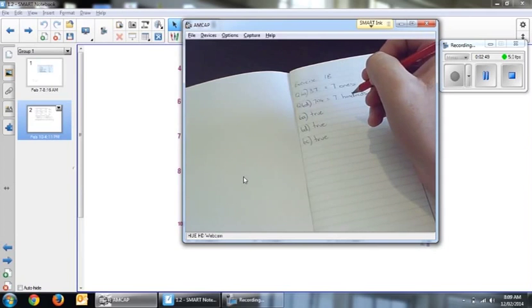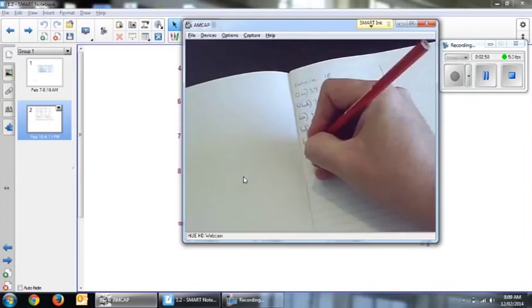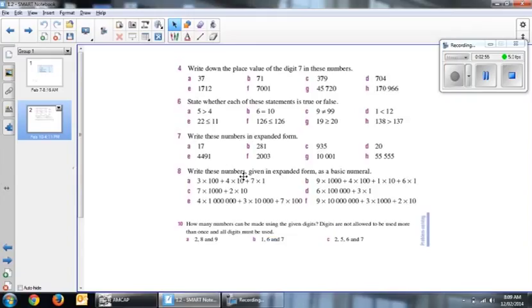The next question we're going to have a look at is 7, and we'll have a look at 7A. Write these numbers in expanded form. So we need to go back to writing expanded form. If you don't understand this, you can have a look at the first part of this video, or you can just have a look in the key ideas.